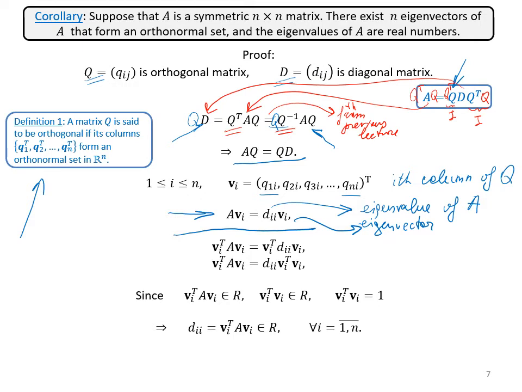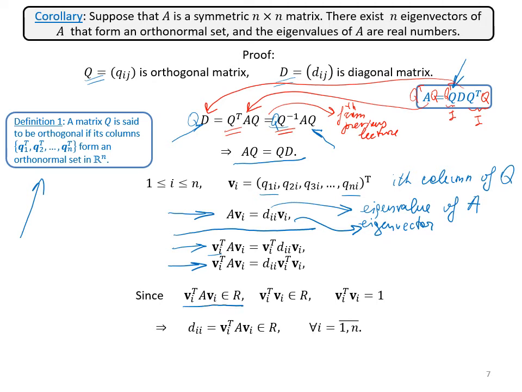So now we should multiply our equation on the left by Vi transposed. And since D is just a number, we can write it down as the following expression, and then we should just analyze this expression.